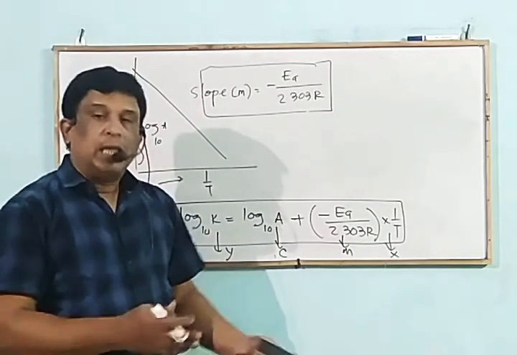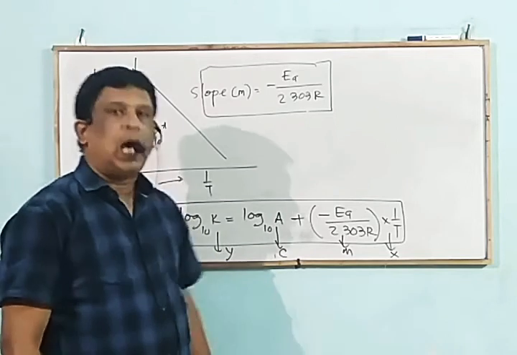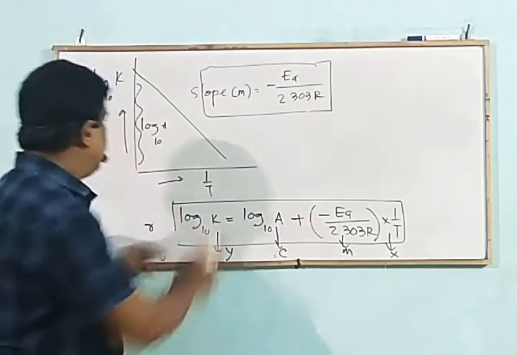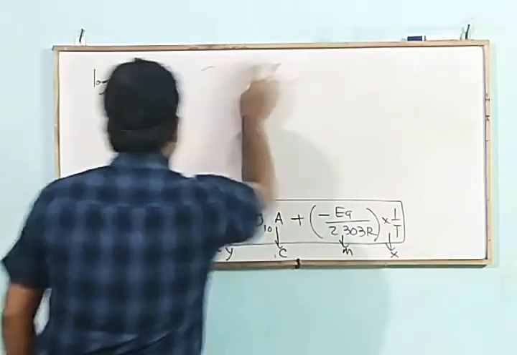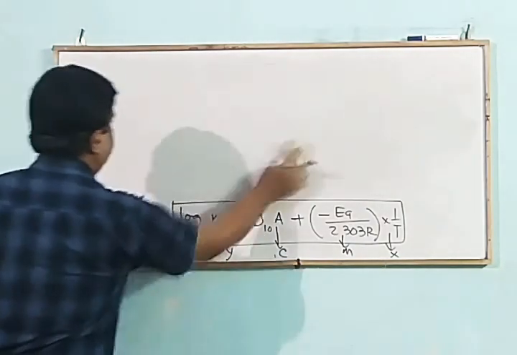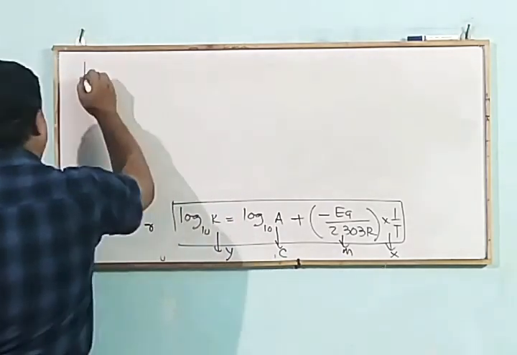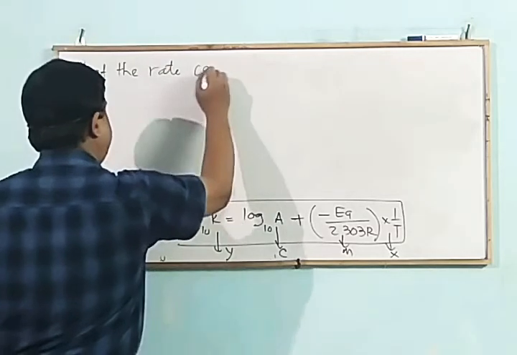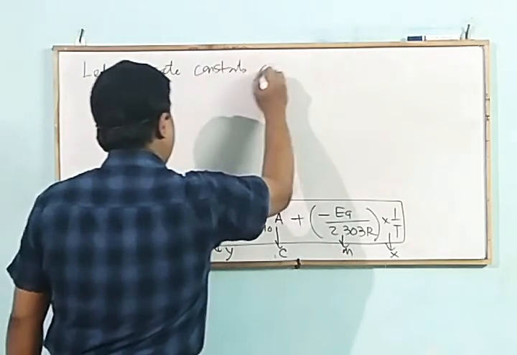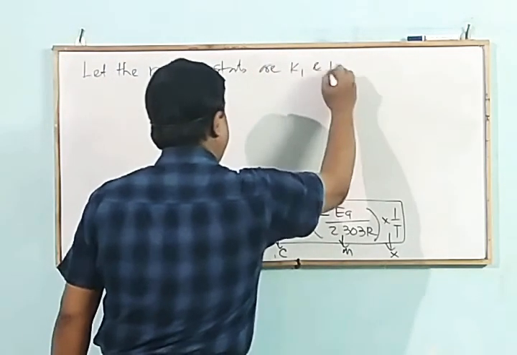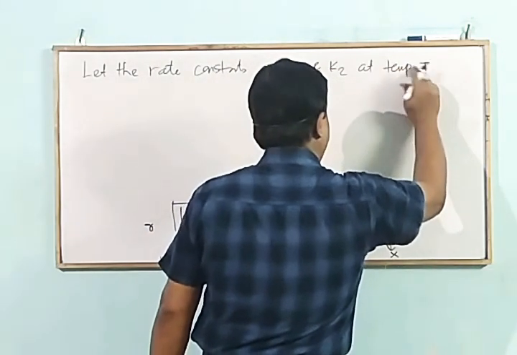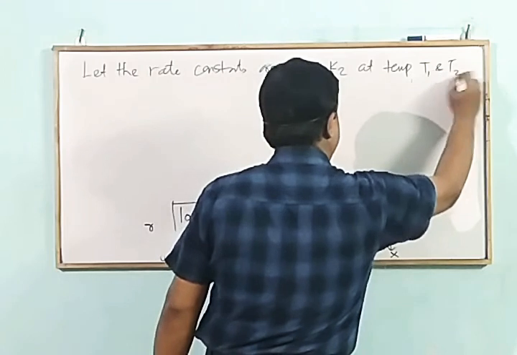Then one is able to represent the Arrhenius equation at two different temperatures. How is it? Mark that. Let the rate constants be K1 and K2 at temperatures T1 and T2.